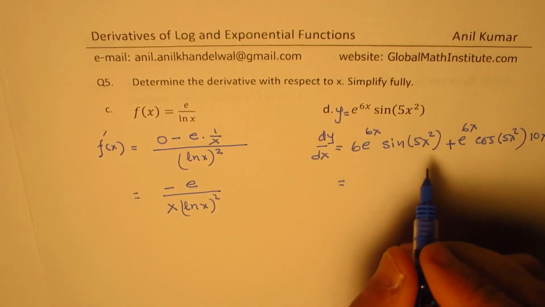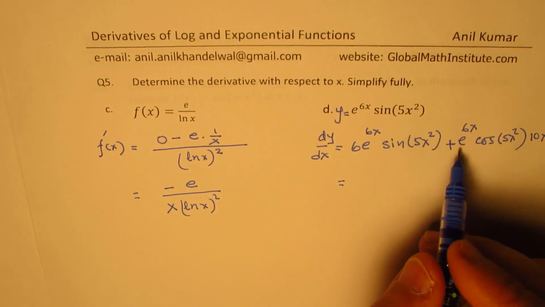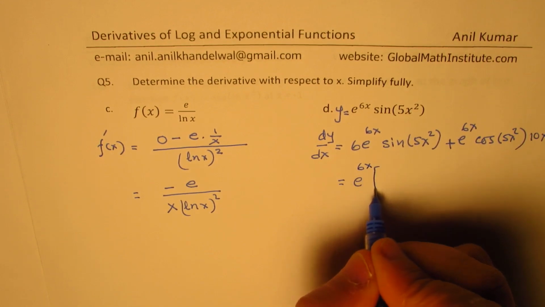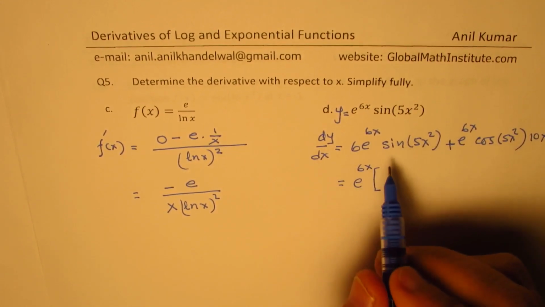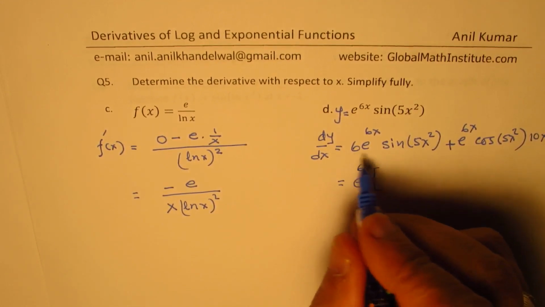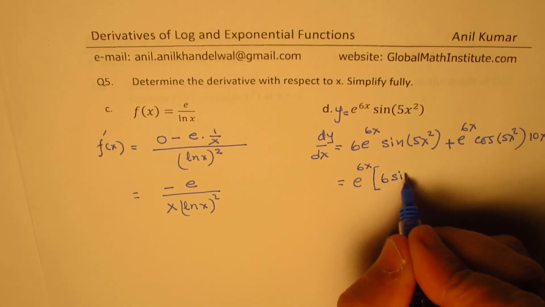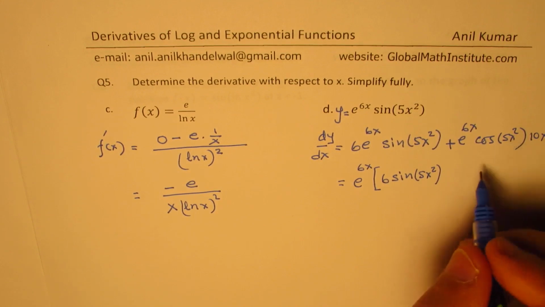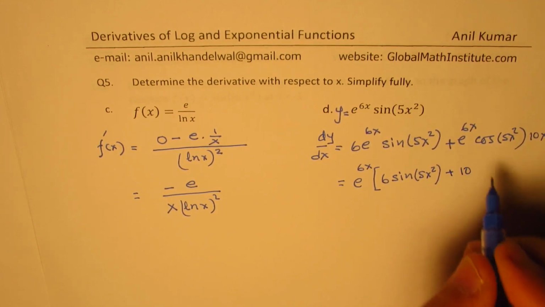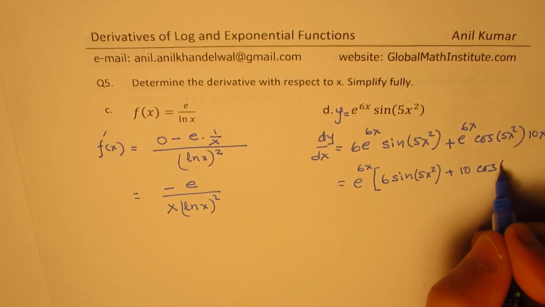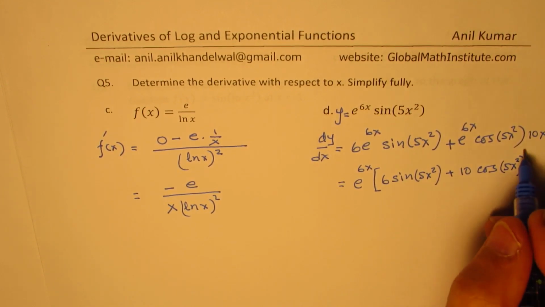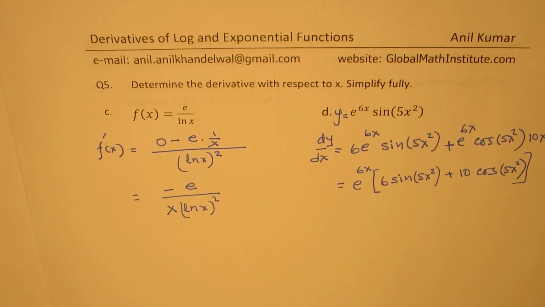So we could write this as e to the power of 6x is common, and within the brackets we have 5 times 6 times sine 5x squared, and here we get plus 10 cos 5x squared, right? So that becomes the derivative of the given expression.